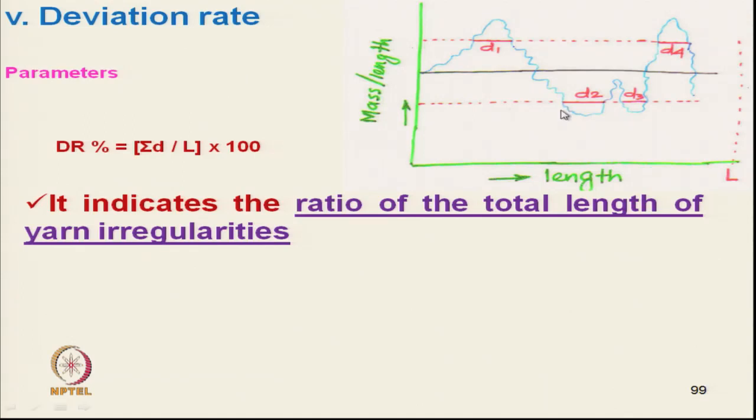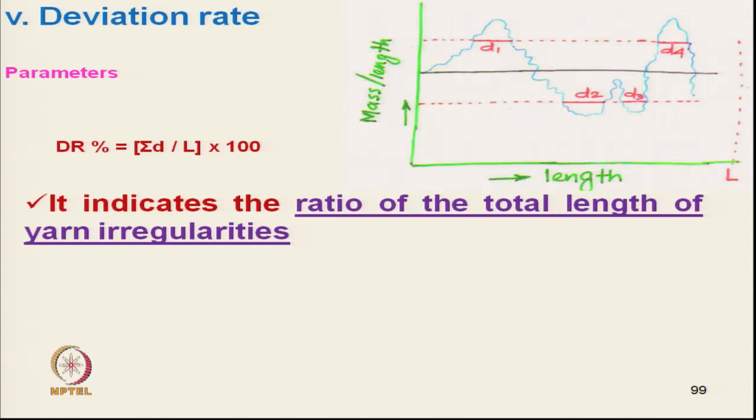This length and here D2 length, this length having the mass which is plus 50% or more, D3 length, D4 length, this is the actual length of the yarn where the mass is more.